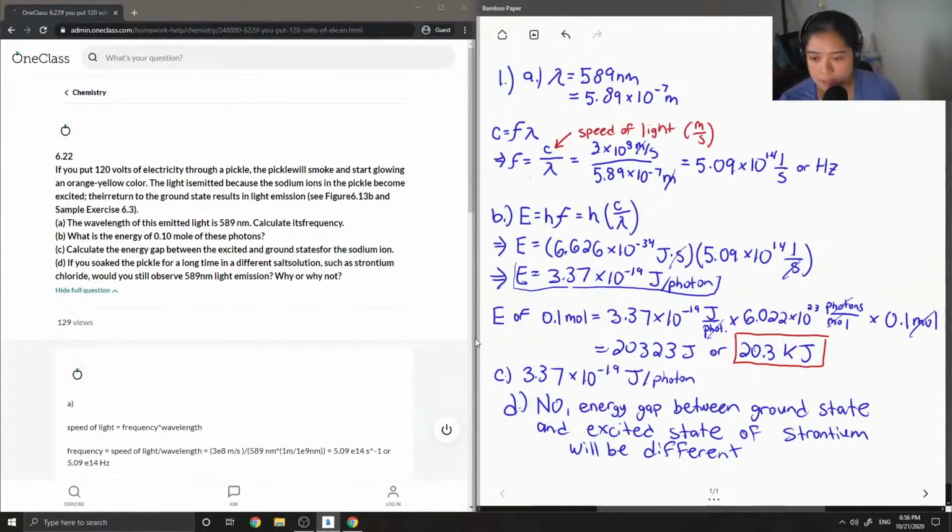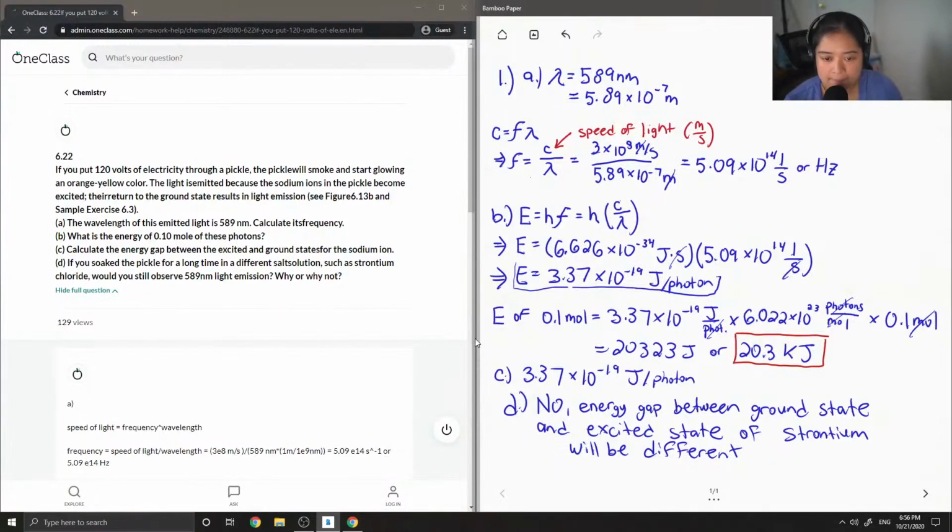Okay, so each element will have a different energy gap since they all have different numbers of protons.